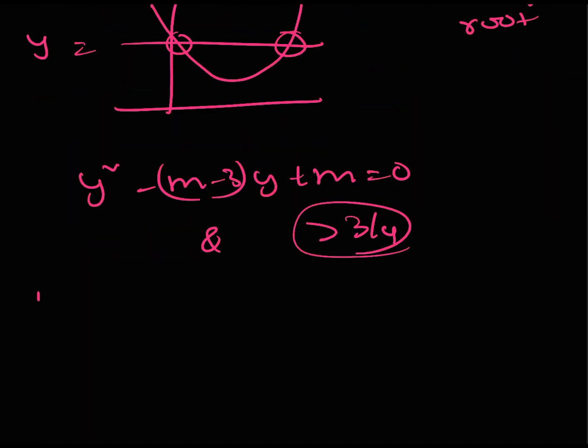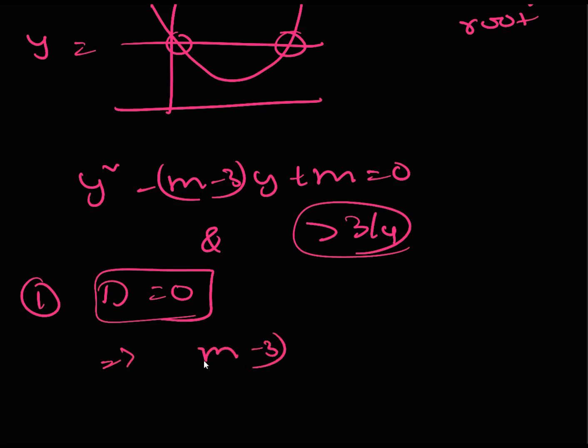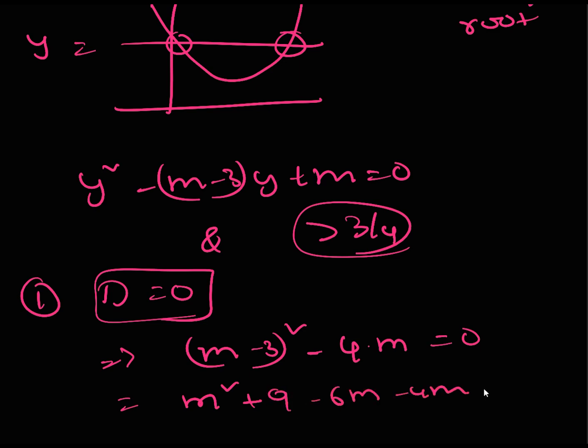Therefore, first case, unique value, that means discriminant equals to 0. (m minus 3) whole square minus 4 times m should be equal to 0. That equals m square plus 9 minus 6m minus 4m equals to 0.